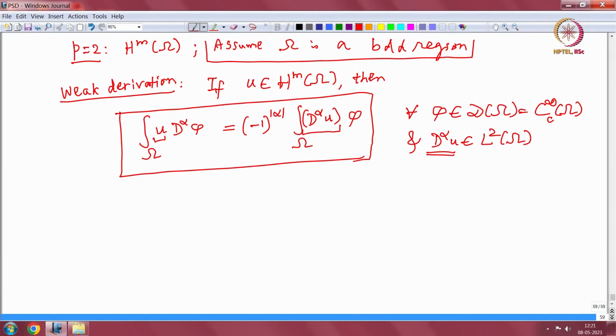One of the important observations before going further: I just want to make a comment on this. In the definition of the weak derivative or distributional derivative, we use C∞ functions with compact support. So that's the first remark.